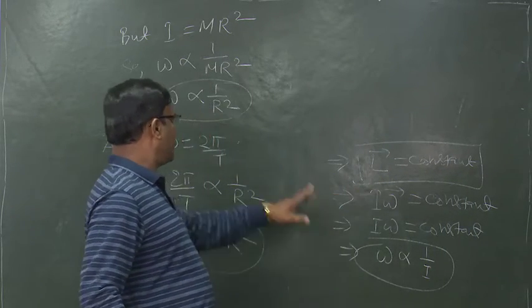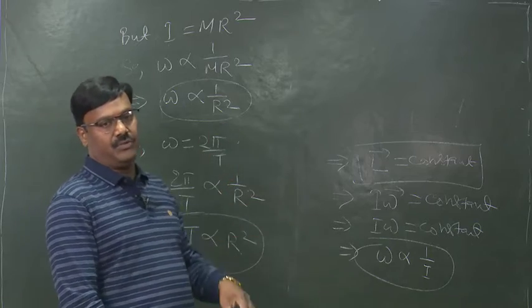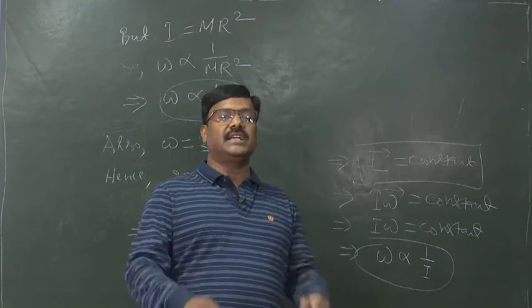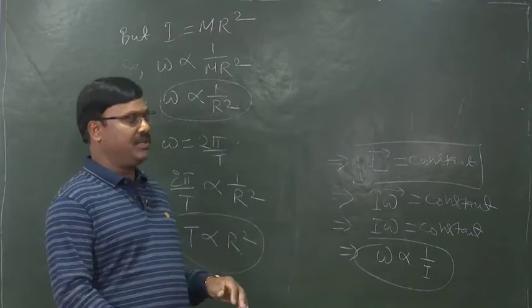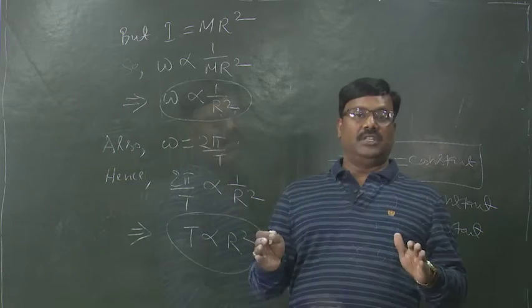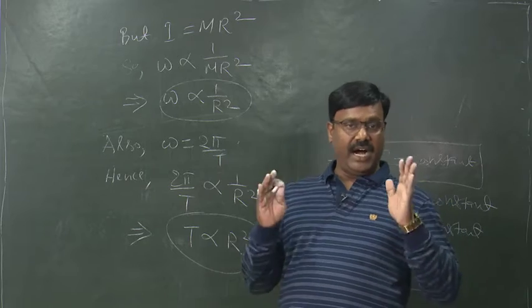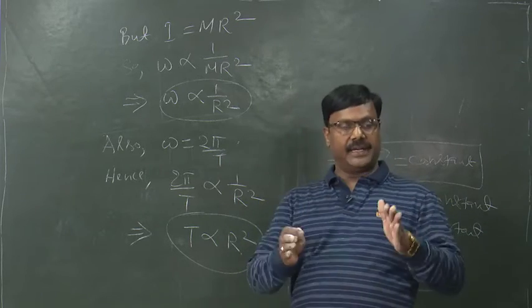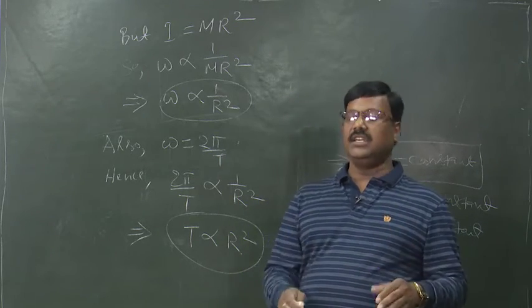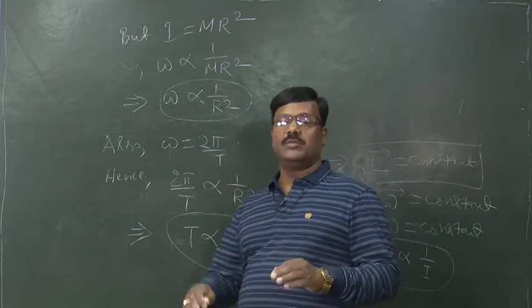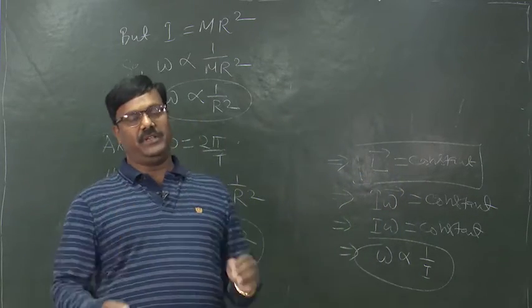And these situations can be applied to various practical cases, from which we came to know that the dancers, the gymnasts, the skaters and the divers are under the law of conservation of angular momentum.